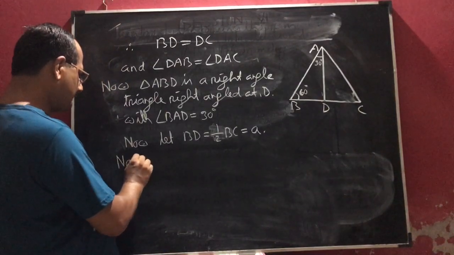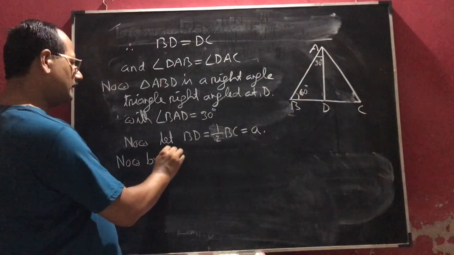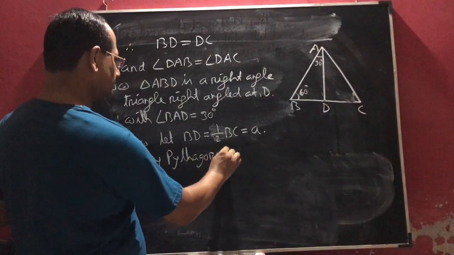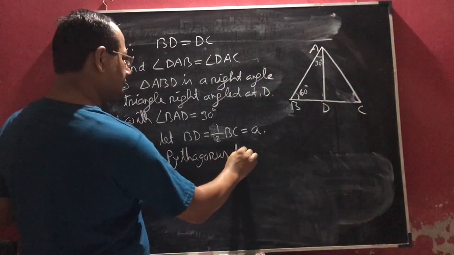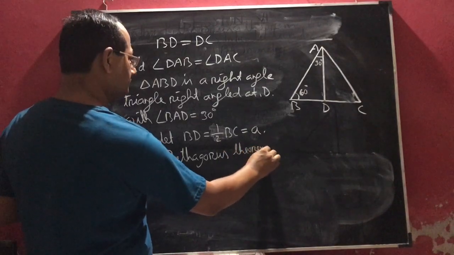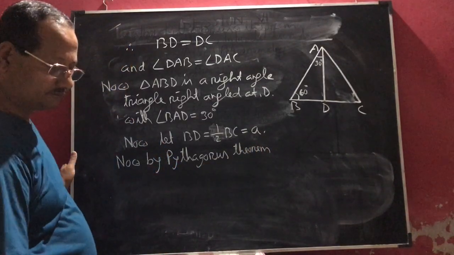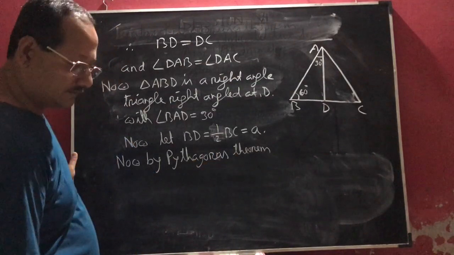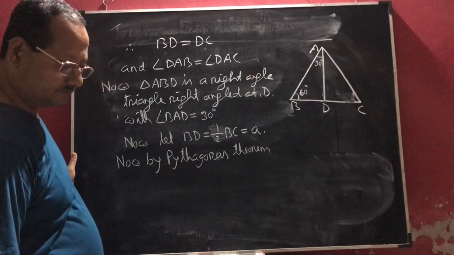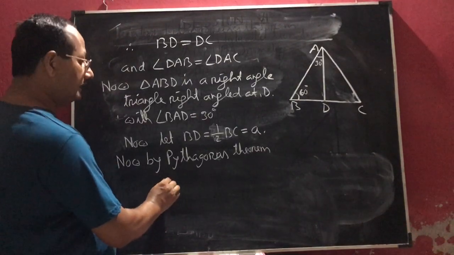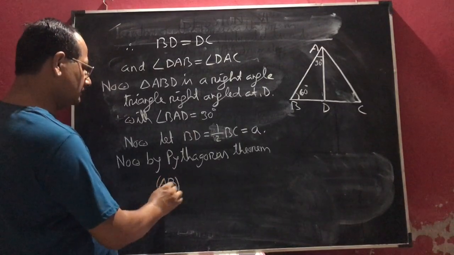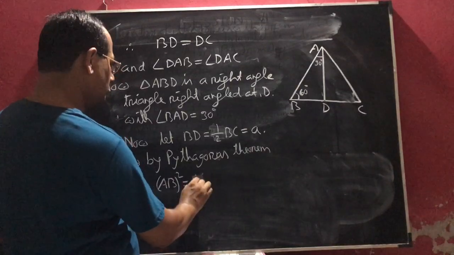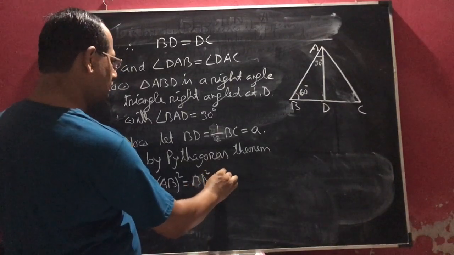Now by Pythagoras theorem, AB squared equals BD squared plus AD squared.